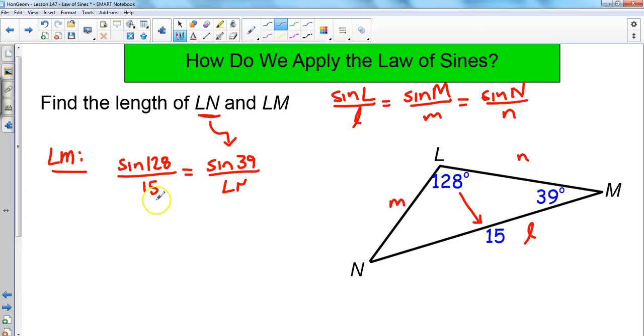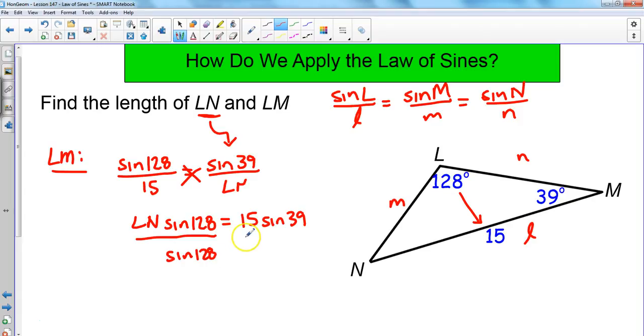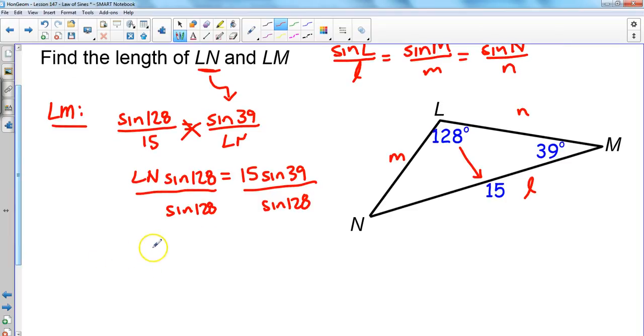So here's the relationship, and this is just a proportion, so I can go ahead and cross multiply. There's that product, and then that's equal to the product of the other cross multiplication. And if I want to solve for Ln, I divide both sides by sine of 128. And what I come up with is something that I can plug into my calculator and figure out the exact value of Ln.